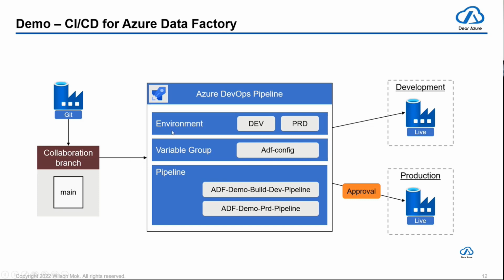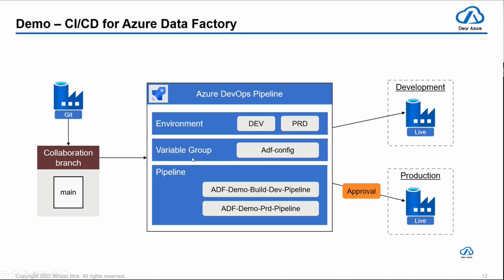And in our Azure DevOps pipeline, we will define two environments, the development and prod. Just a note that normally there are three environments in a traditional software development approach. There's a dev, UAT, and prod, but for the demo, we'll only focus on dev and prod to make this demo a little bit simpler.